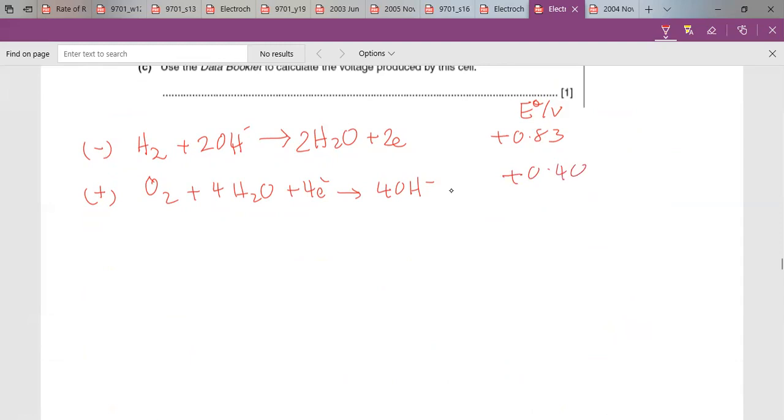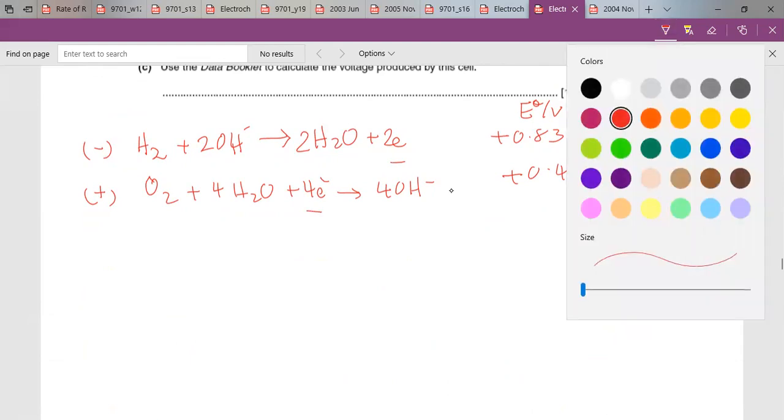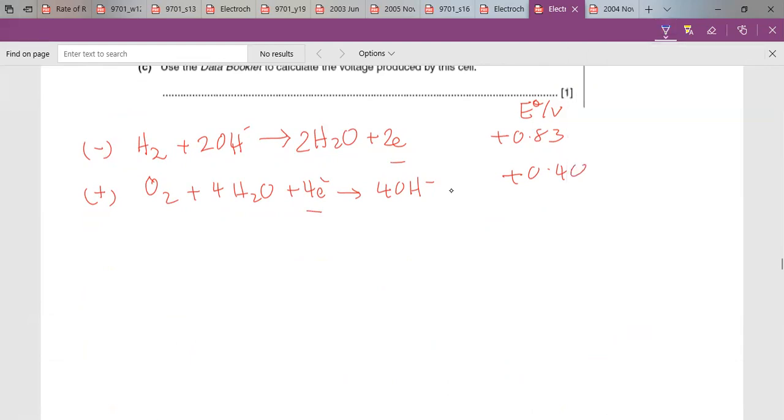Now let's make sure the electrons balance. Here is 2, here is 4, so I multiply this one by 2. Here is 4 and here is 4, so these will cancel off.